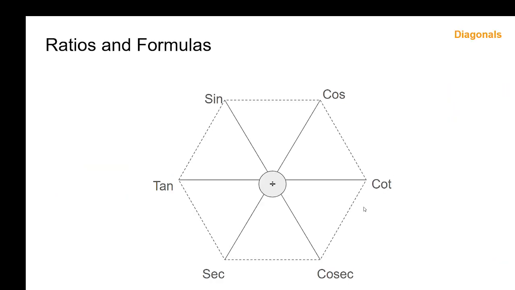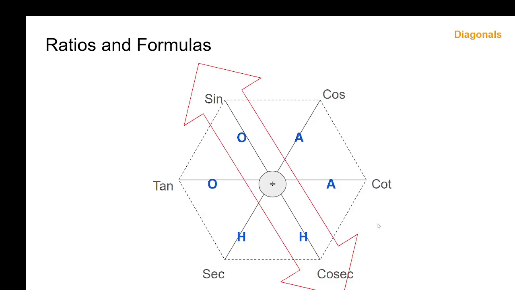And moving on to the actual ratios of the trigonometric functions, we'll again use the diagonal methodology to derive that. For that, we'll start marking the diagonals as O for opposite side, A for adjacent side, H for hypotenuse.